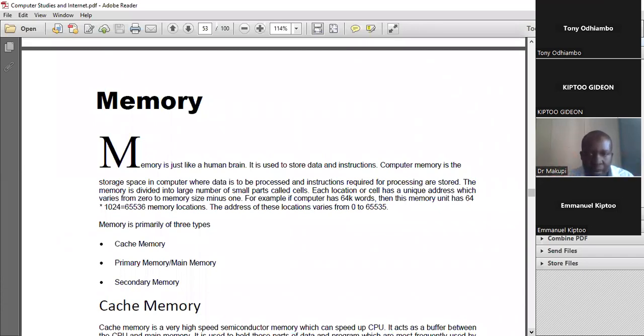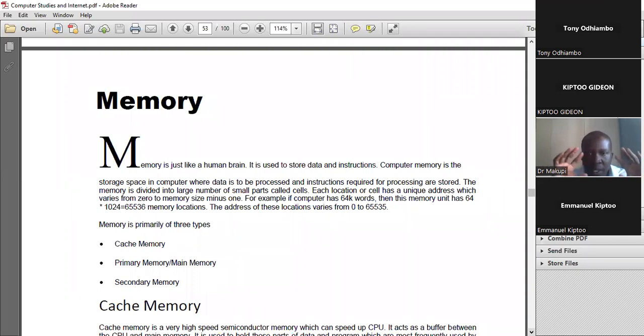So any time you come across computer memory, understand that these memories are sectioned into small parts called cells. This is where the data reside in a memory device, whether you're talking about a flash disk, a flash drive, or whichever kind of memory.